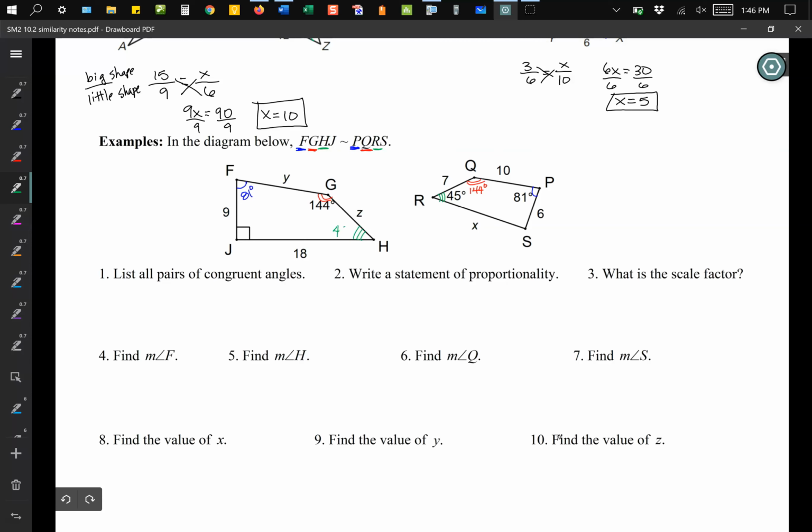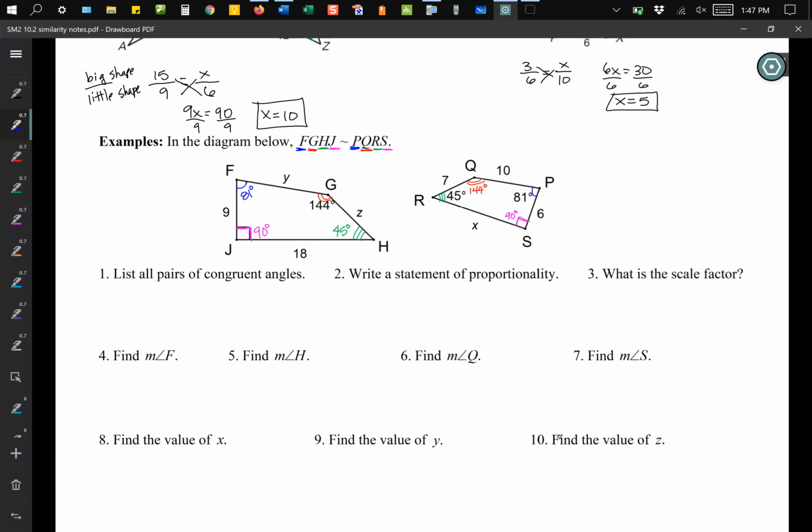So H must be 45 degrees. And J and S are the same. Oh, look, J is a right angle. That means S is a right angle, 90 degrees. So right now I know how big every single angle is in that figure.